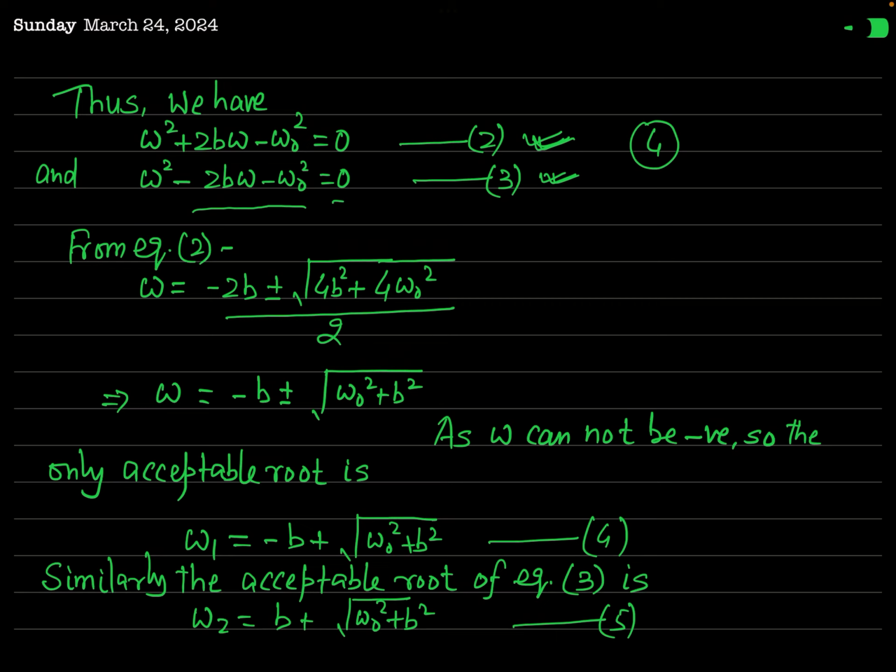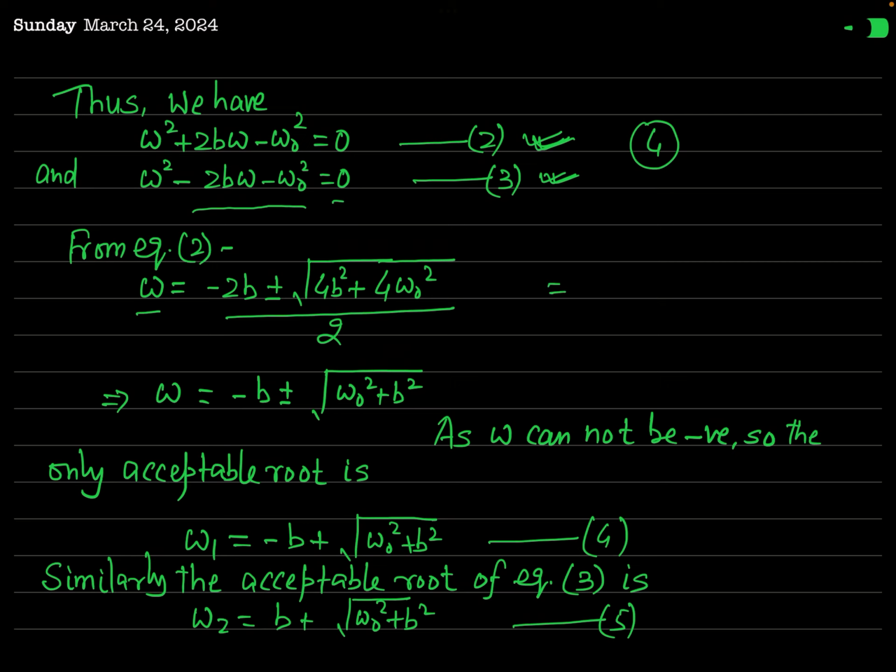So now let us try to solve equation number 2. As you know from the formula of the quadratic equation, the roots of this equation 2 will be given as omega equal to minus 2b plus minus root over 4b square minus 4ac, but in the place of a there is 1 and in the place of c there is minus omega naught square. So there will be plus 4 omega naught square. Okay.